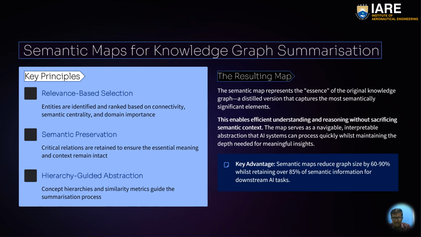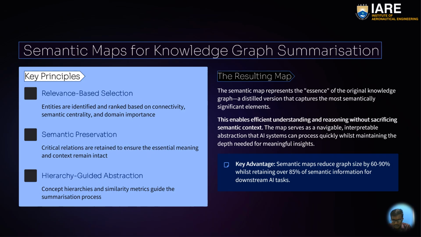This enables efficient understanding and reasoning without sacrificing semantic context. The map serves as a navigable, interpretable abstraction that AI systems can process quickly whilst maintaining the depth needed for meaningful insights. Here we have a key advantage.